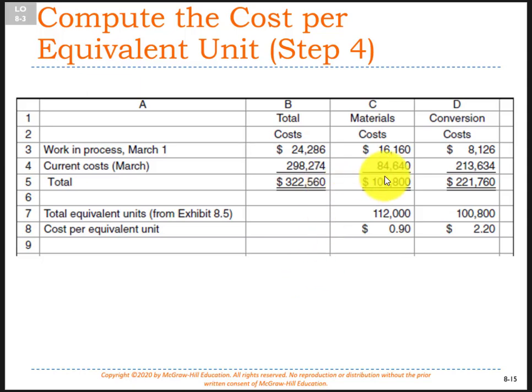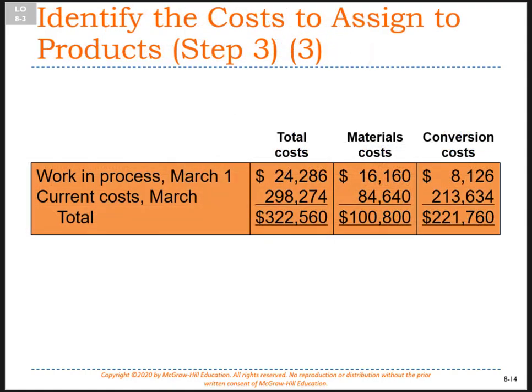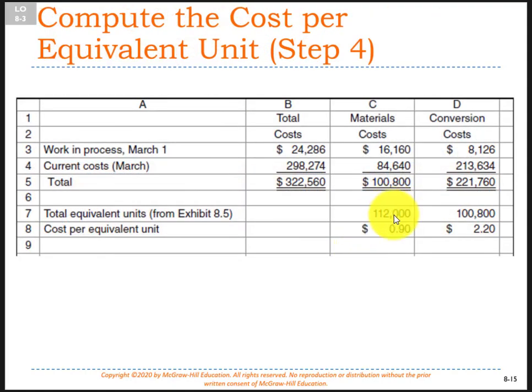Now we take our total costs. Remember, this is what we have from our costs earlier, right? And we divide by the equivalent units that we also calculated earlier. Make sure you take the cost divided by equivalent units, not the other way around. It's always cost divided by the equivalent units.